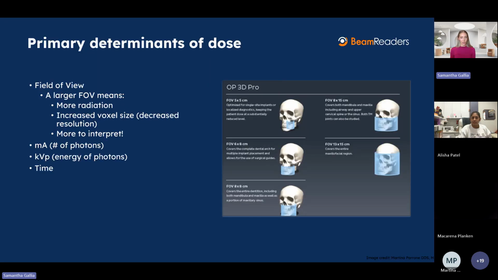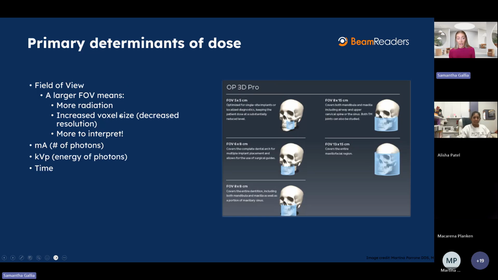So now going into a little bit about radiation dose, let's go over some of the primary determinants of dose. The number one is going to be field of view. And like we talked about, field of view is how much of the maxillofacial complex we are imaging. So a larger field of view, let's jump down here to the lower right. We see a lot of images taken like this, which encompass the entire maxillofacial region.